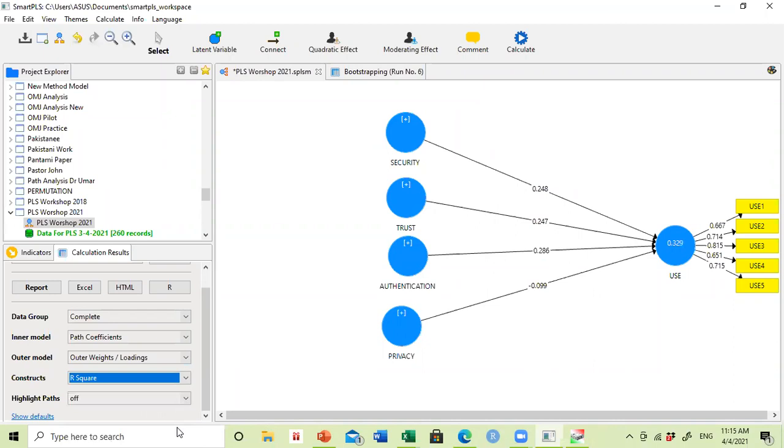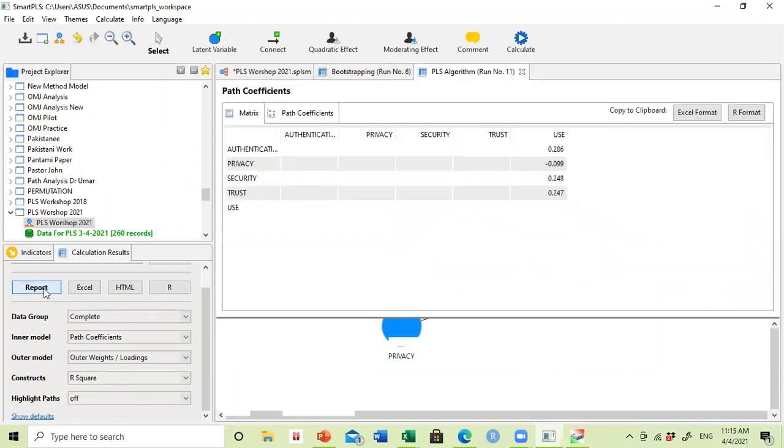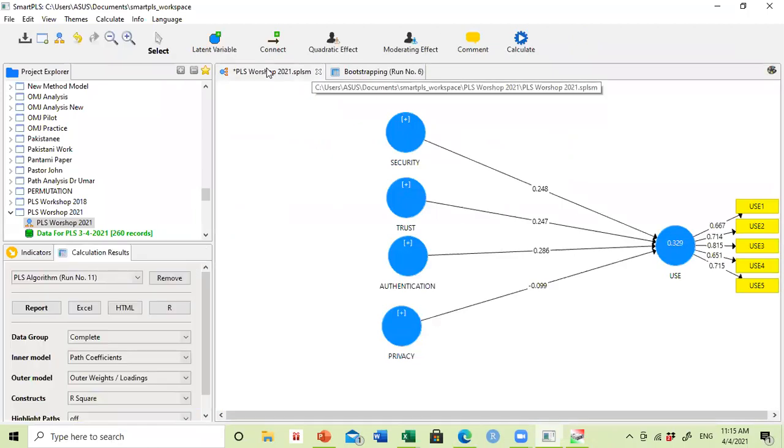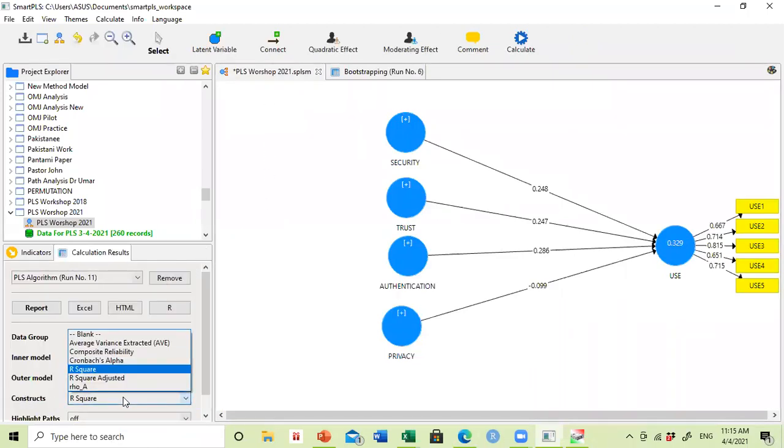Then you click R square. I am saying two things. The first one, you go to report, and you can see R square here. The second one, if you don't want to go to report, you can see it from the model. You can go down to construct, click the construct, you will see the R square, and you click the R square.